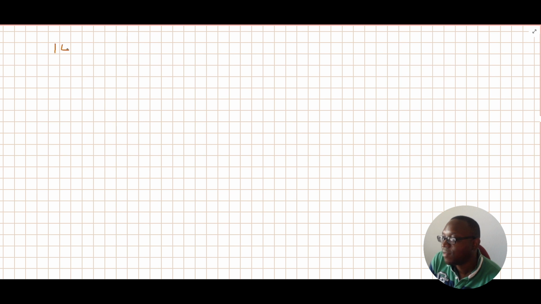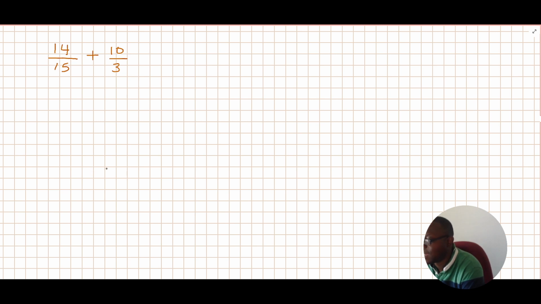Let's say 14 over 15 plus, let's say 10 over 3. And please clarify if this is not what you're looking for. I'm actually surprised the second grader is doing two-digit fractions. But I'm thinking you're probably looking at adding two-digit numbers together, but let's go ahead and do this.